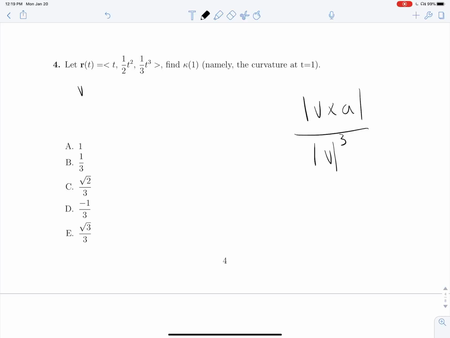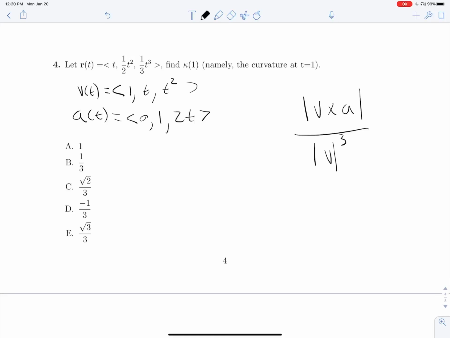So we know that V of t is just the derivative of each component of r of t with respect to t. That will give us 1, 1, t squared, and then A of t will be 0, 1, 2t. And at this point, we can completely get out of the land of t's.